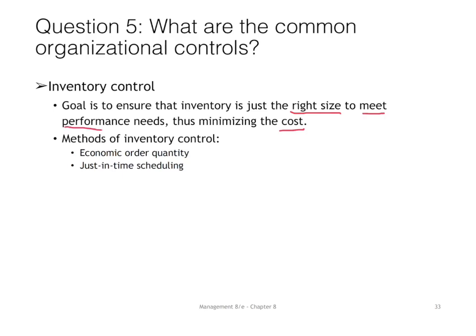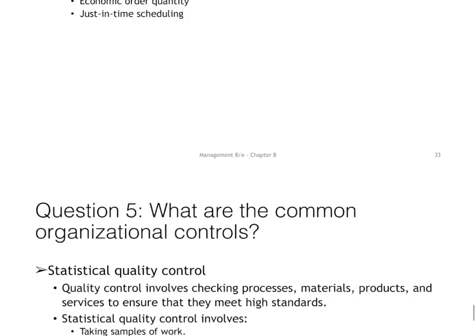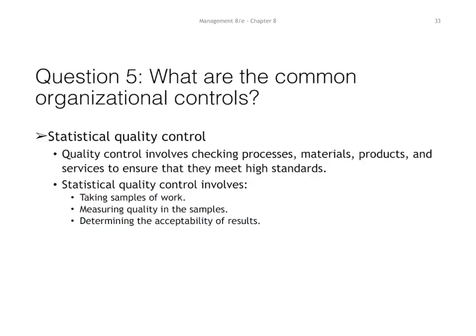Right size, meet need, but minimizing the cost. That is the goal of inventory control. What are the methods? Methods of inventory control are economic order quantity, just-in-time scheduling, and others.